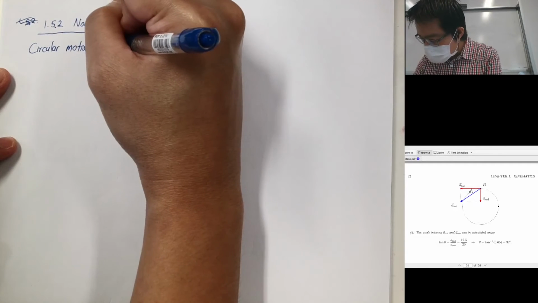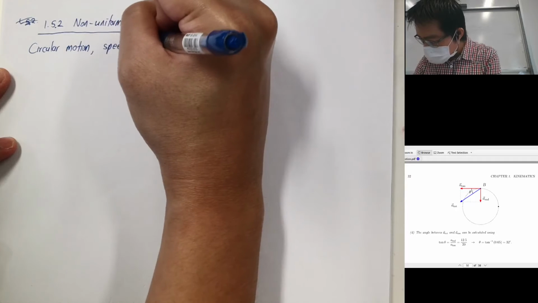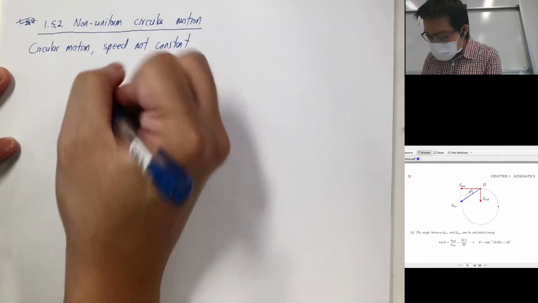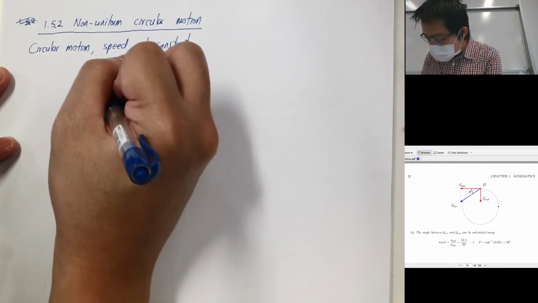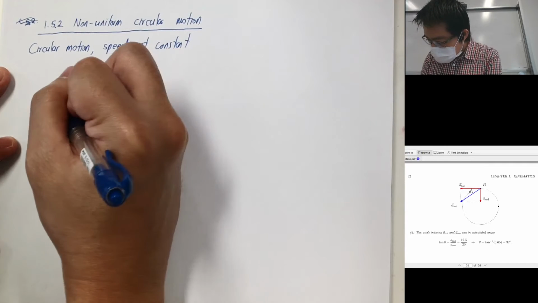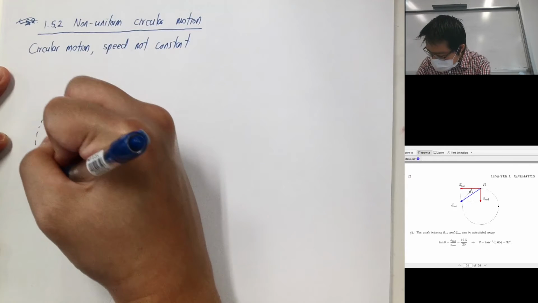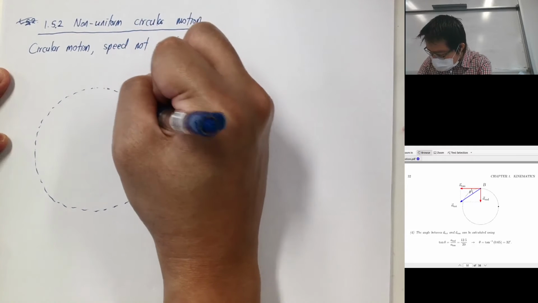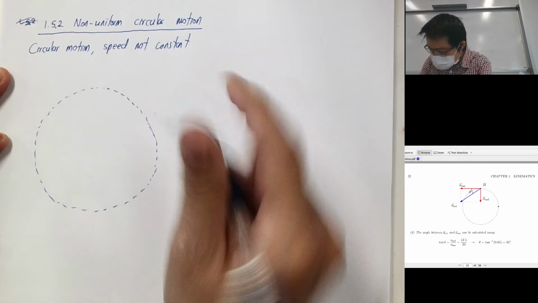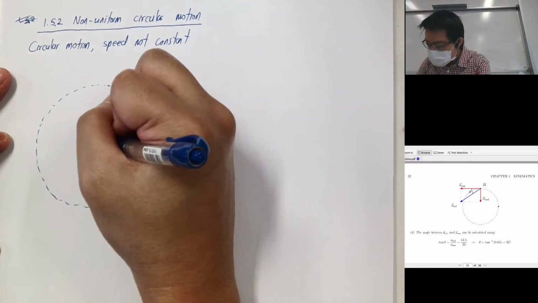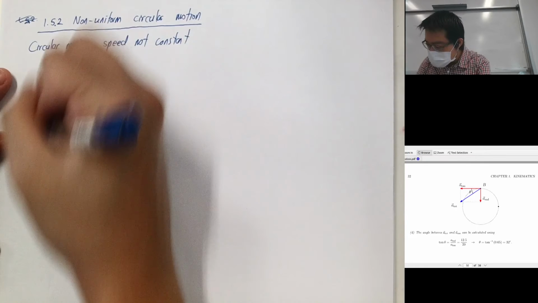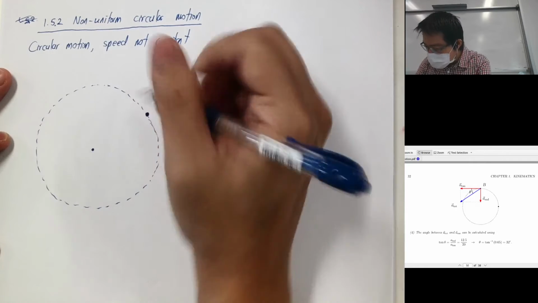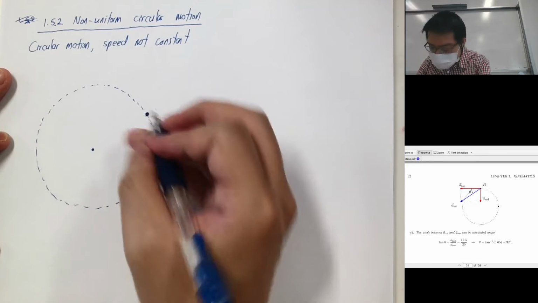If I draw the circle again, this is my center, and let's say the object is moving in a circle, and at some instant it happens to be here.